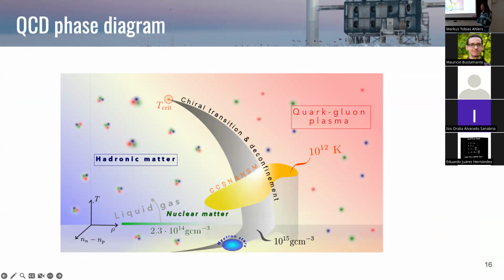And in astrophysical sites, obviously we don't have densities going to 0, so it's a huge unknown. Where it's 0, it's supposed to be a crossover, but we think that maybe it's a first order phase transition when the density is not 0. So it's also an unknown, because we don't know if that's true.